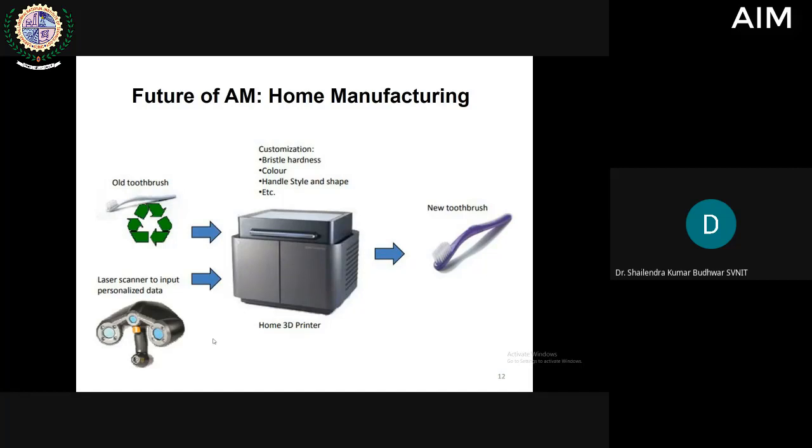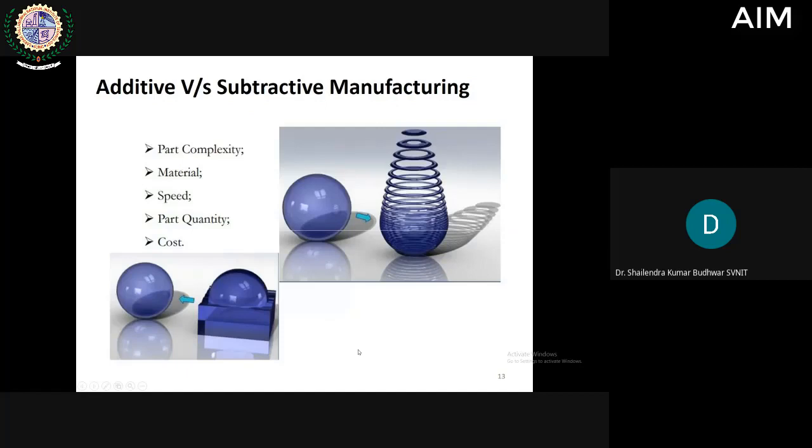If in the morning you are not able to find your toothbrush, then within a few minutes you can fabricate this toothbrush by using this 3D printer. At present it is a time-taking process, it may take 3-4 hours. But with the advancement in technology, in future it may be possible that you can fabricate your personal items within a few minutes. So this is the future of additive manufacturing.